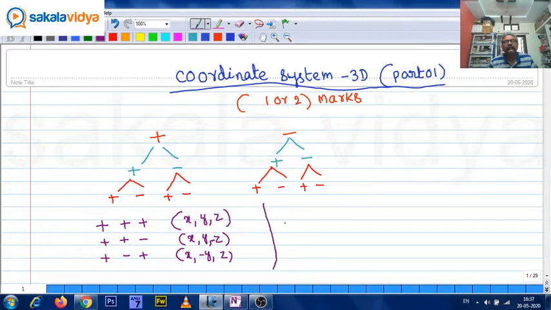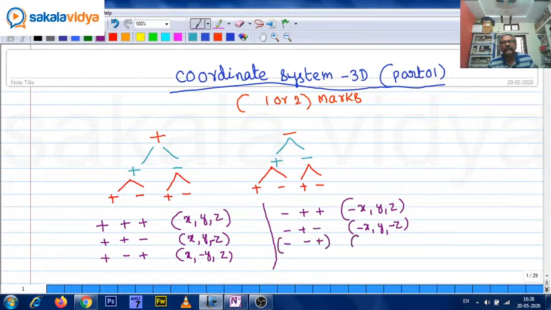Next, minus plus plus: this we can write as minus x comma y comma z. This is minus plus minus: minus x comma y comma minus z. Minus minus plus: minus x comma minus y comma z.